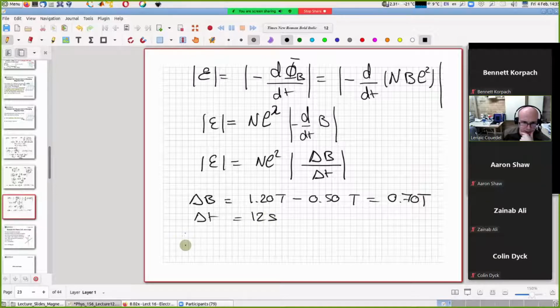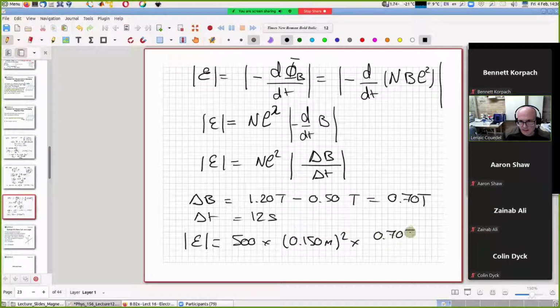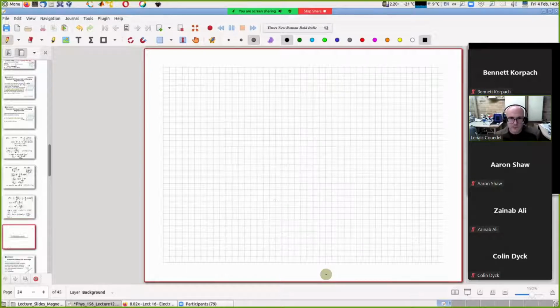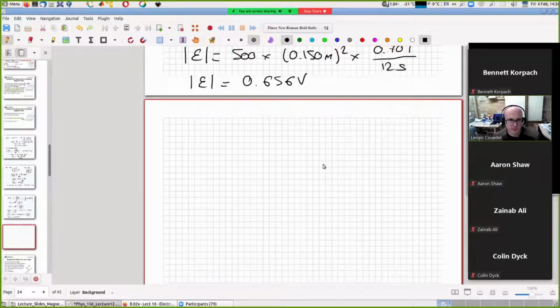So I have my epsilon, which will be equal to 500 times 0.15 meter squared times 0.70 Tesla divided by 12 seconds. And then we get epsilon equal to 0.656 volt.